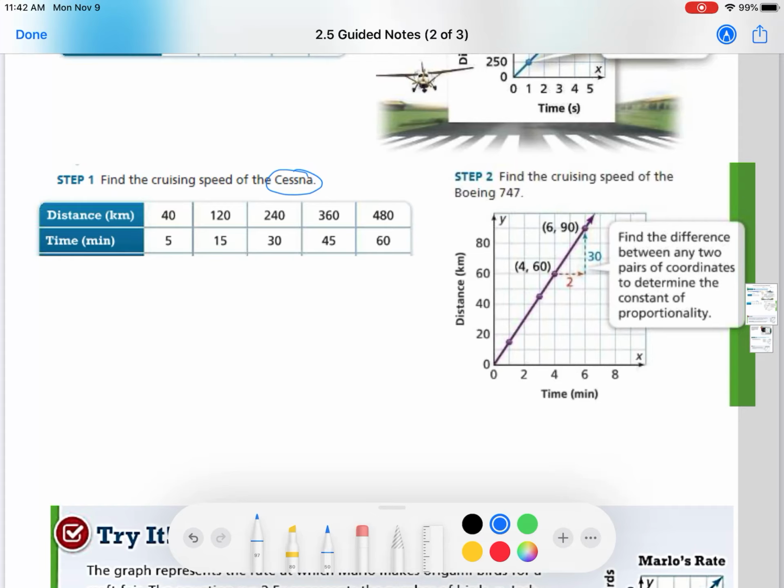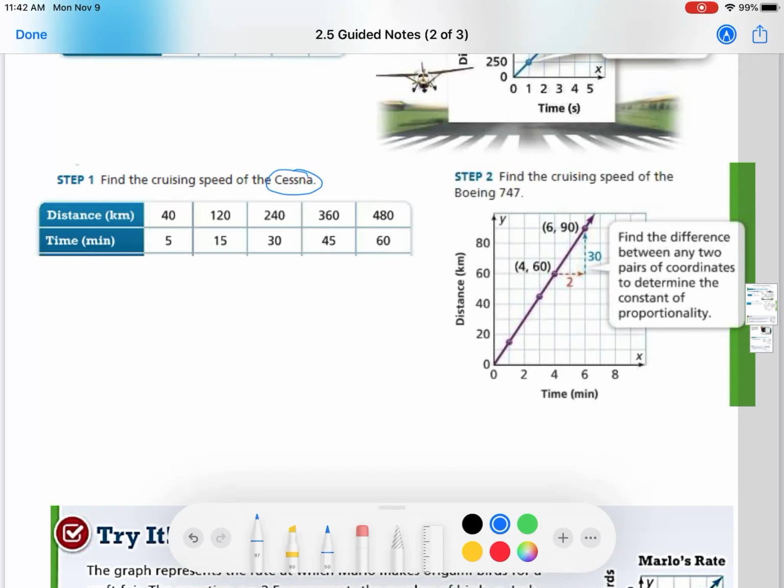So our goal is to figure out what is the actual cruising speed for every minute. Keep that in mind with pretty much all of these. We want to find the individual thing that's happening. So every minute, every dollar, every person, every mile, whatever it might be, we want the individual piece.